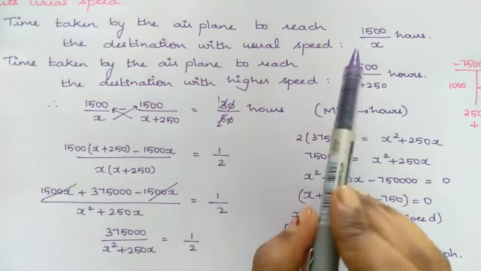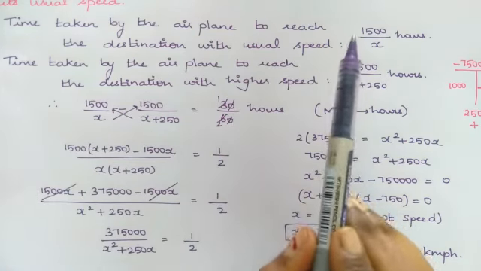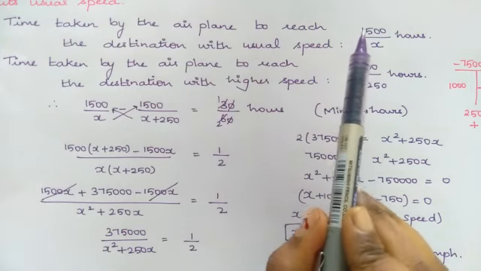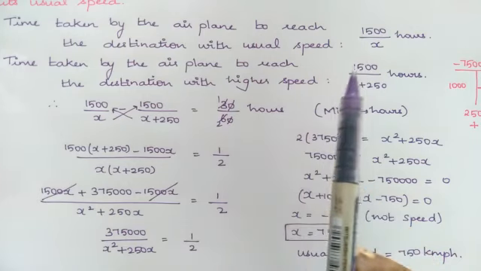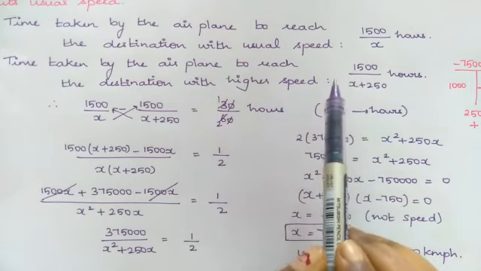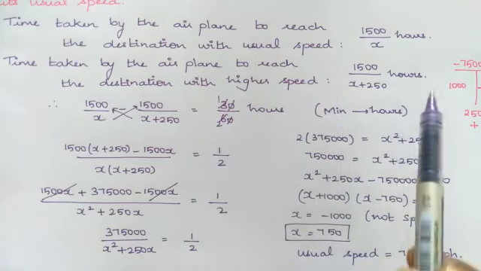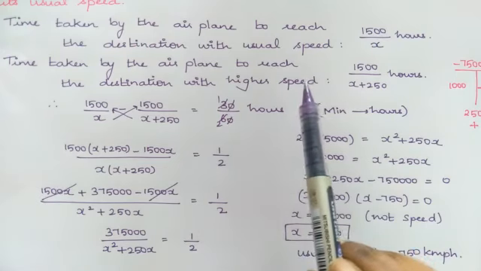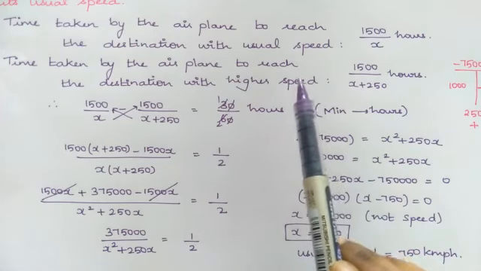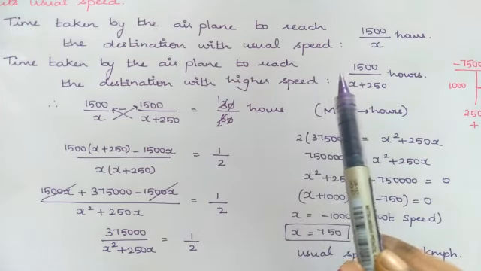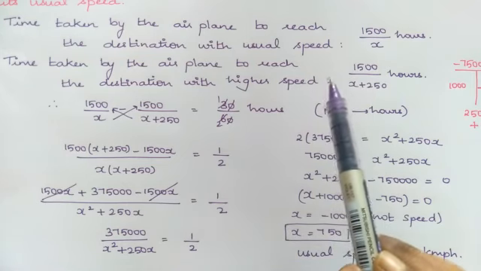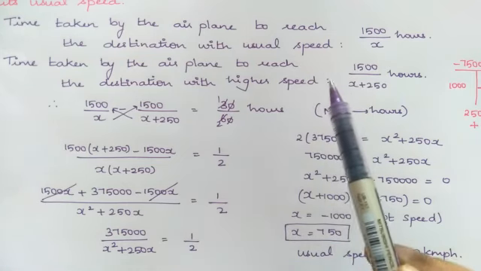Suppose the flight has to start by 10 in the morning, but it is going to start by 10:30. Because of this delay, to reach the destination on time, they are increasing the speed of the airplane, assuming that they might reach the destination on time.